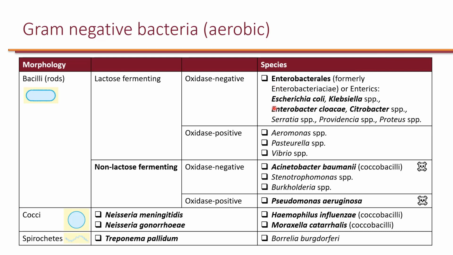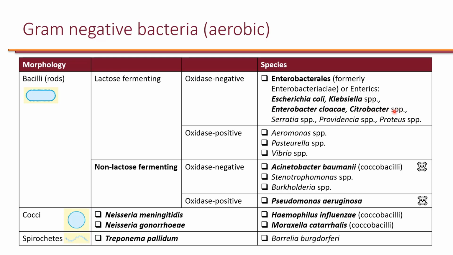The important organisms in this family are Escherichia coli or E. coli, and Klebsiella species. When it says spp, that means there are multiple. For example, there is Klebsiella pneumoniae and Klebsiella oxytoca, and there is Enterobacter cloacae.